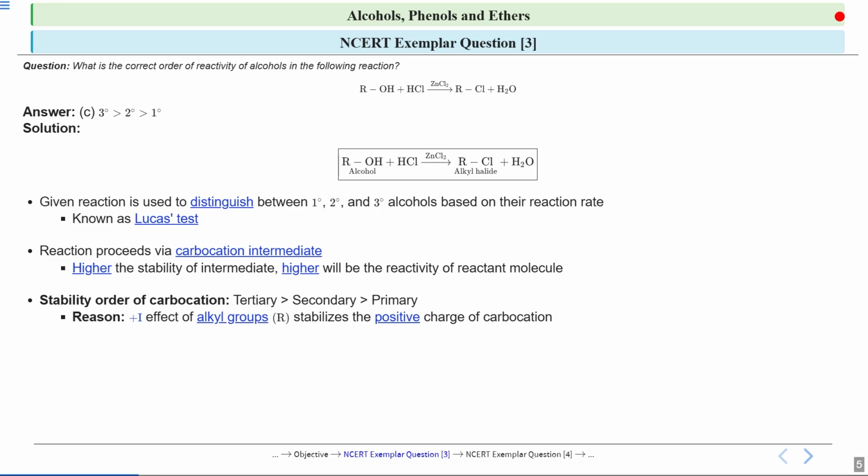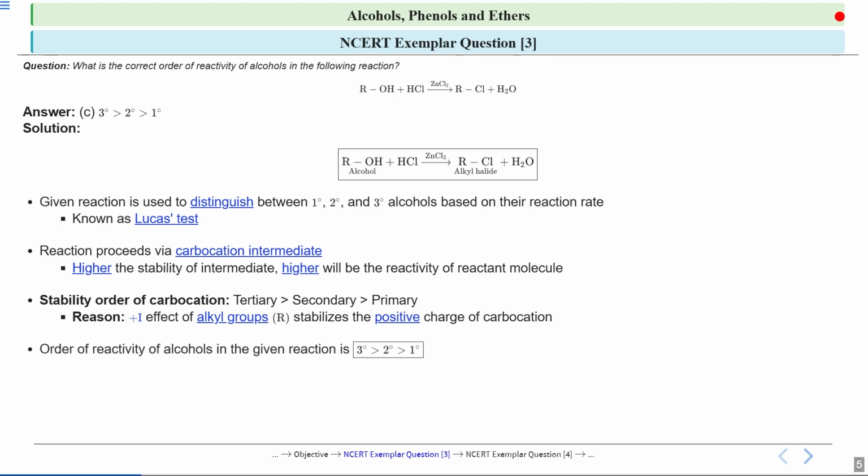So in tertiary there are 3 alkyl groups, and these alkyl groups donate electron density, which stabilizes the positive charge of the carbocation. Here there are 3 R, so 3 alkyl groups are donating electron density and stabilizing the positive charge of the carbocation. That is why the tertiary carbocation is the most stable carbocation.